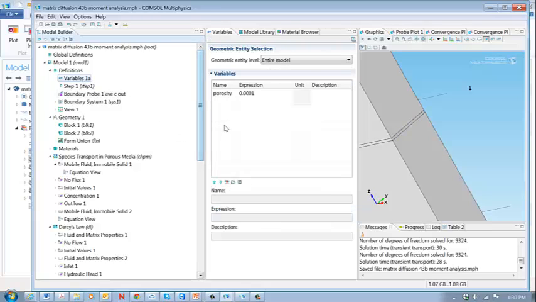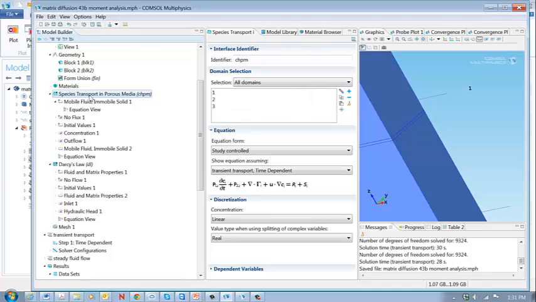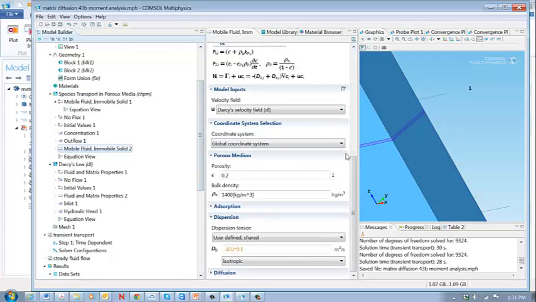Then what I did was to set this up initially where the porosity was equal to a small number, 10 to the minus 4. And I have this set up here so that in the transport part of the analysis, I've got this part here is the properties of the fracture.